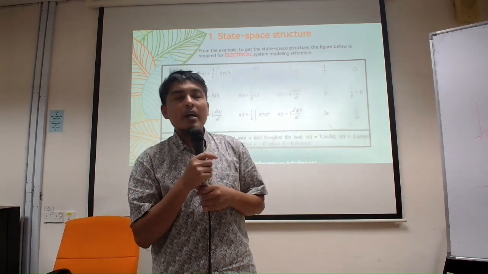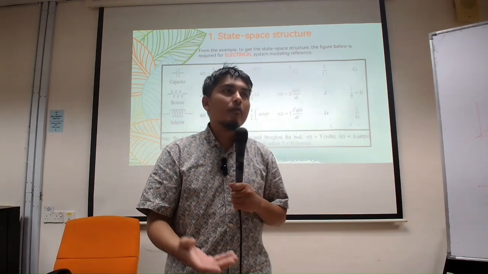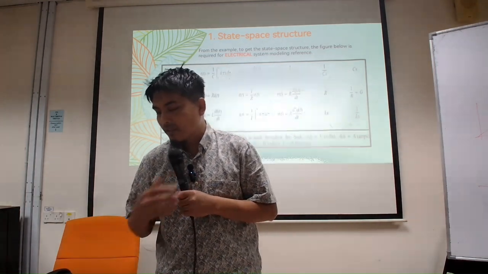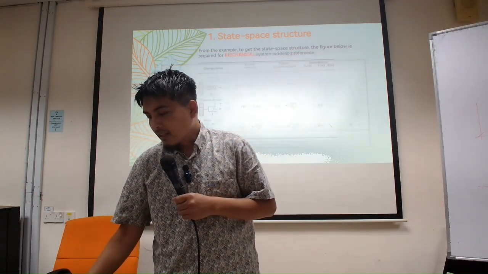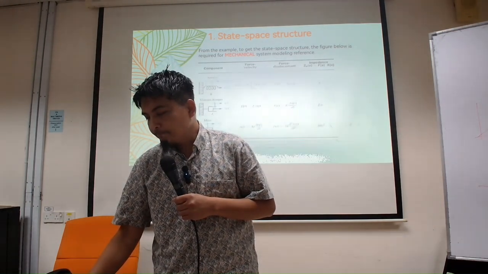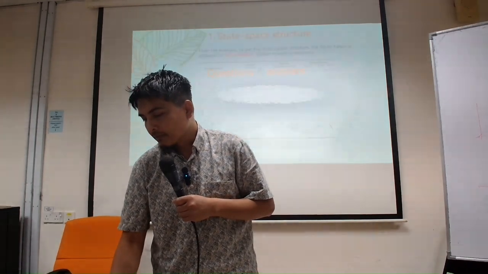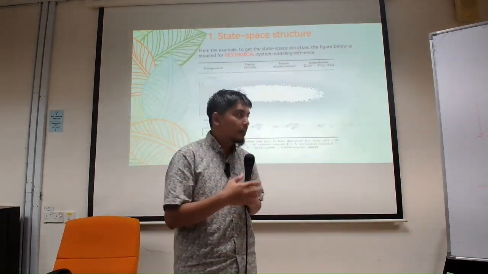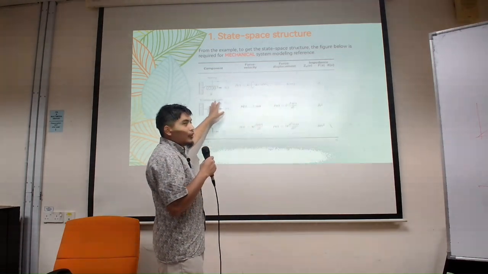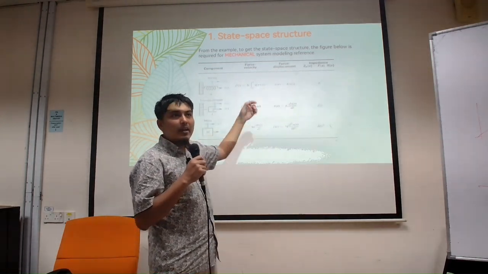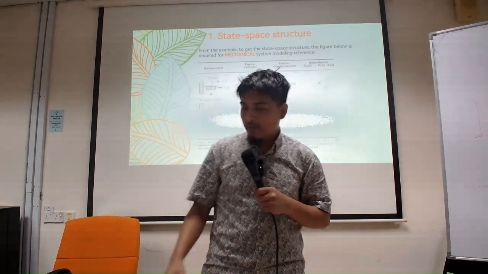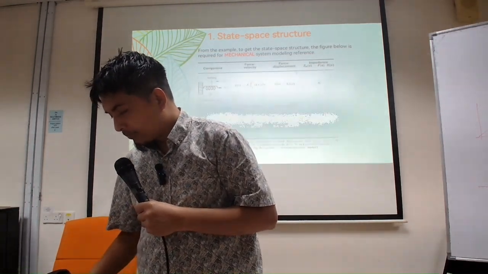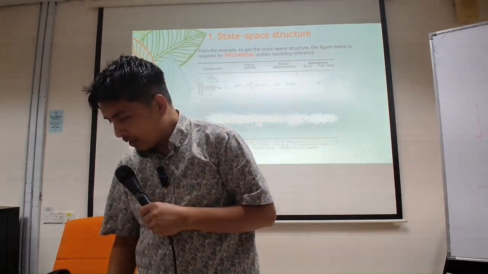And I will also teach you how on Thursday. Similar to the spring example, you need to use this table in order to get the state space. From the example, you can explain.